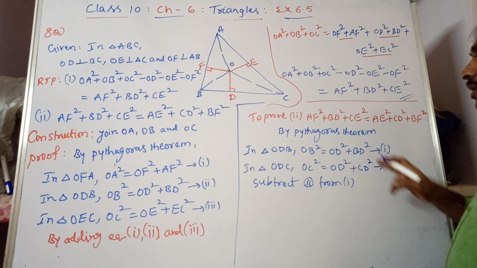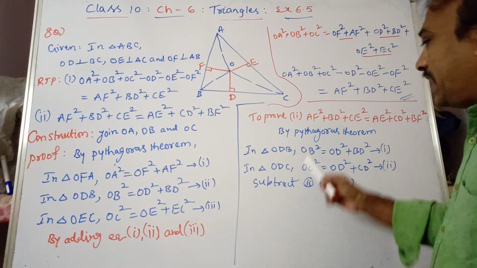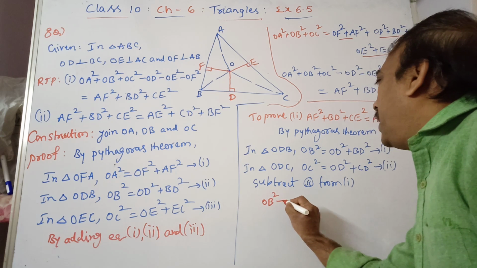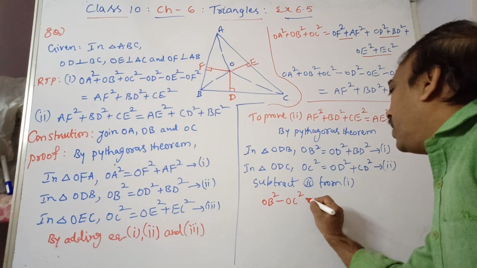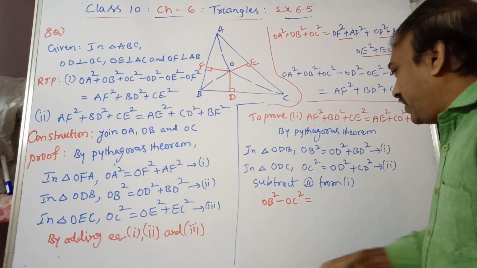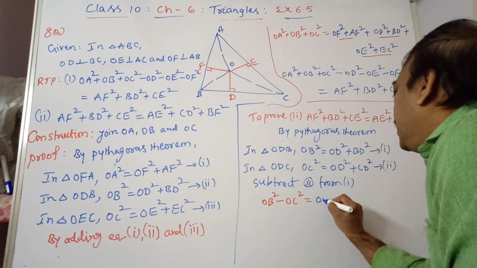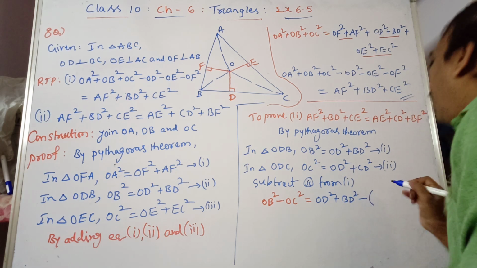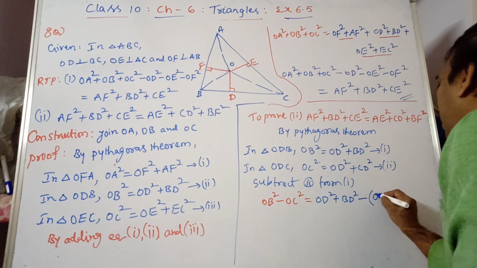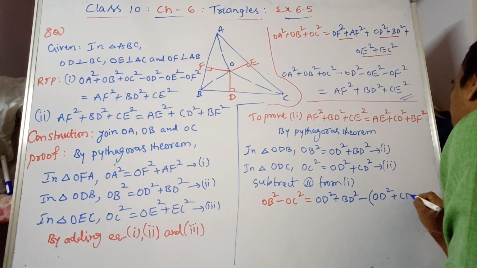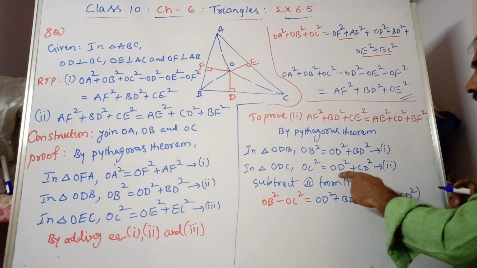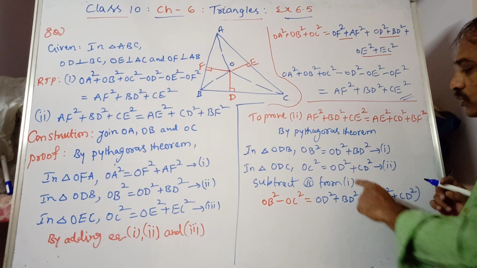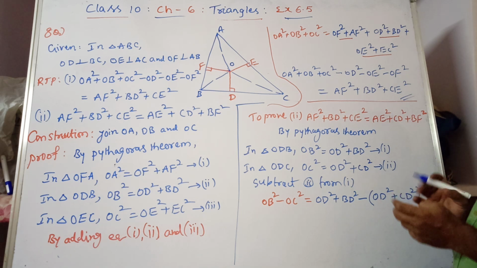Now when you subtract, what do you get? On the LHS you get OB square minus OC square is equal to, observe clearly, OD square plus BD square minus, in brackets, OD square plus CD square. Because two terms are there, we are using a bracket.